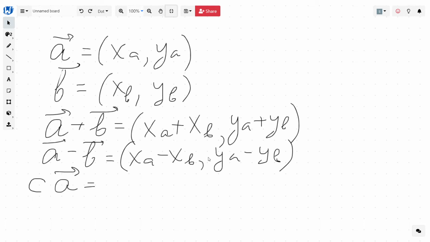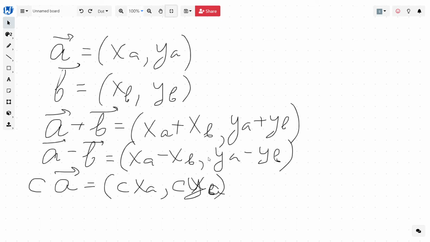What we do in this case is multiply all coordinates by that number c. So we get cxa, cya. Okay, like this. So that's all. Right now we need to know about adding, subtracting vectors, and multiplying them by a scalar.